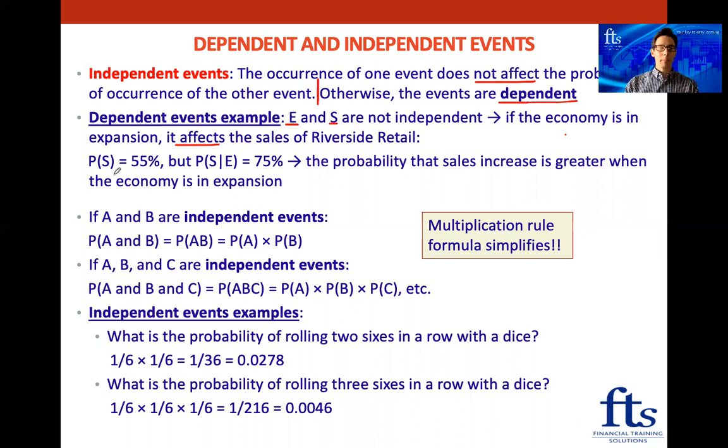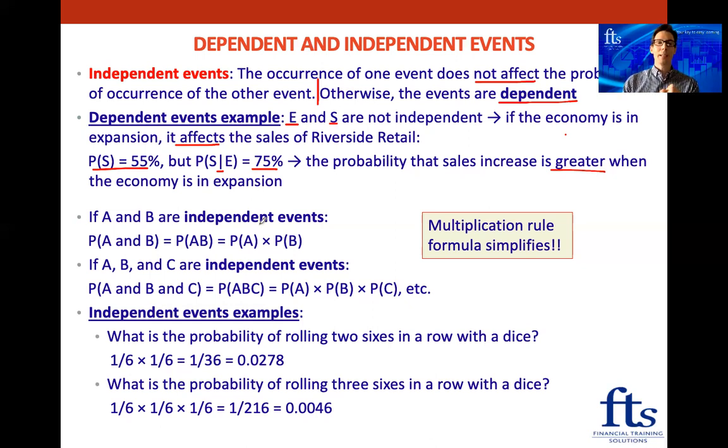Remember, P(S) was the unconditional probability, the probability the sales increase regardless of the state of the economy. But the probability that sales increase given that the economy is in expansion was 75%. So we can conclude that the probability that sales increase is greater when the economy is in expansion.